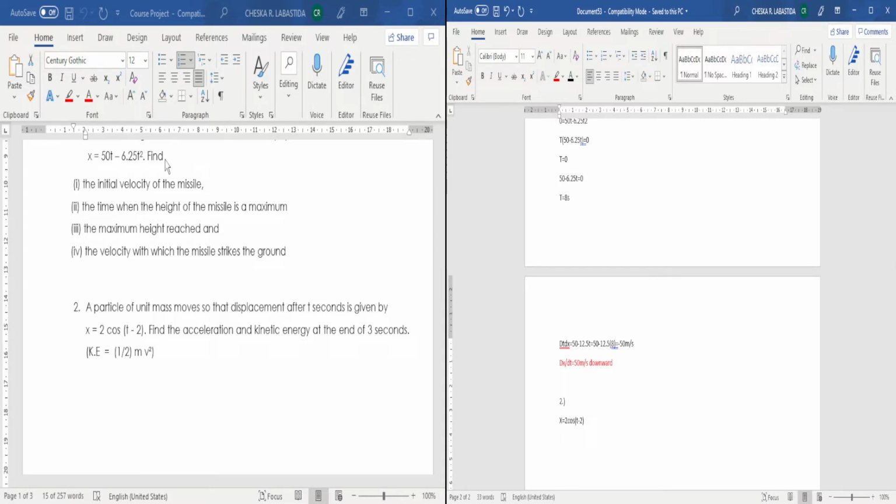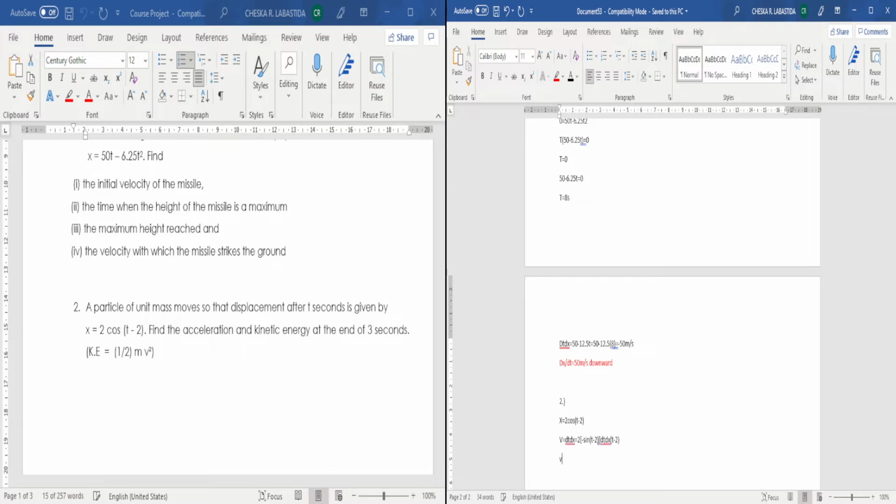Let me check. So for the answer number 1 here, let's get the velocity. dx/dt is equal to negative 2 sine (t - 2).